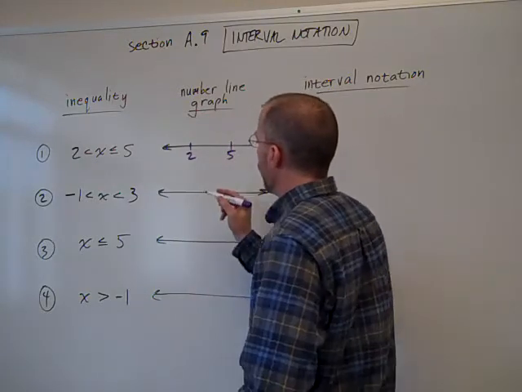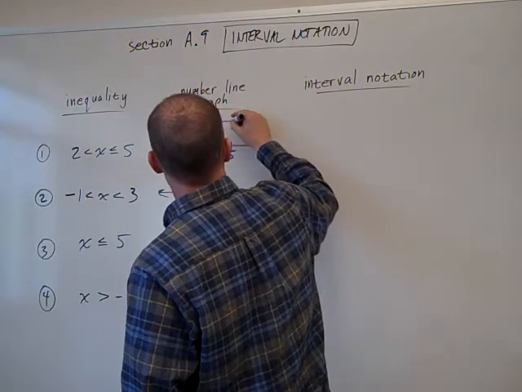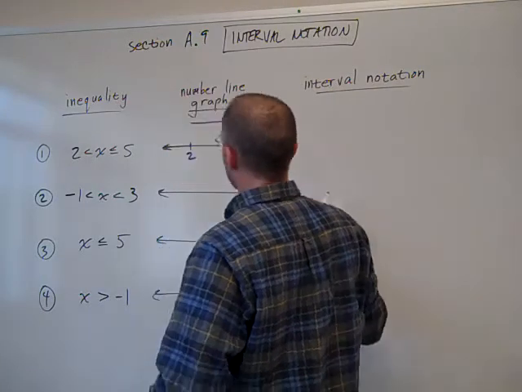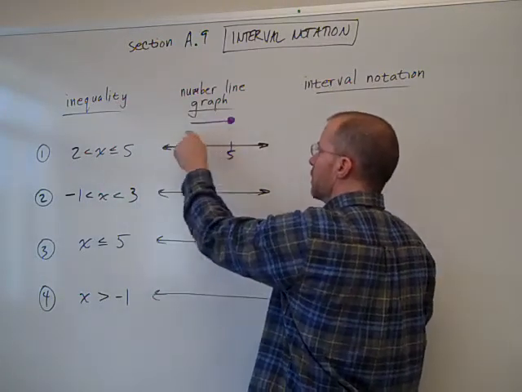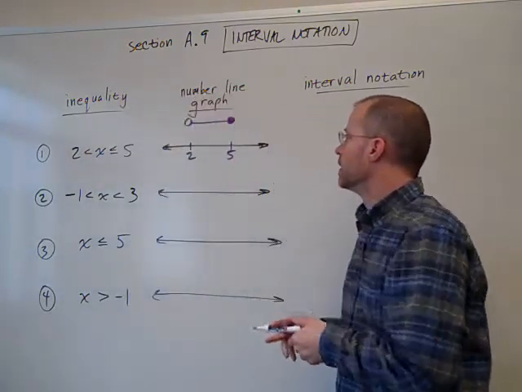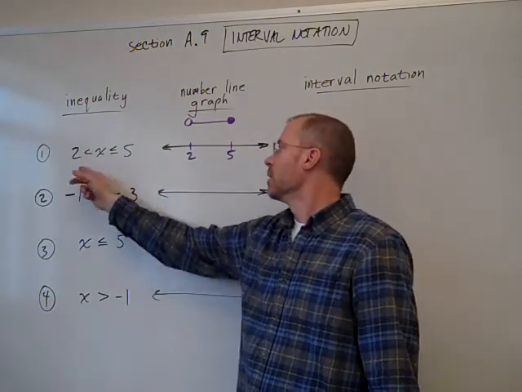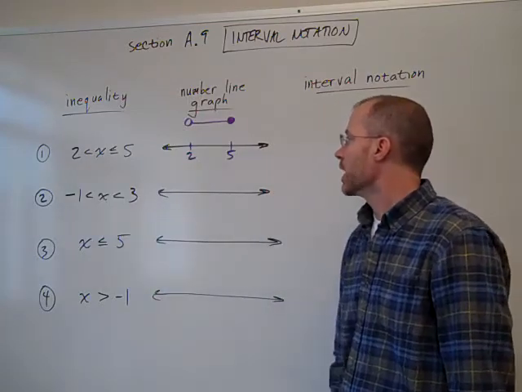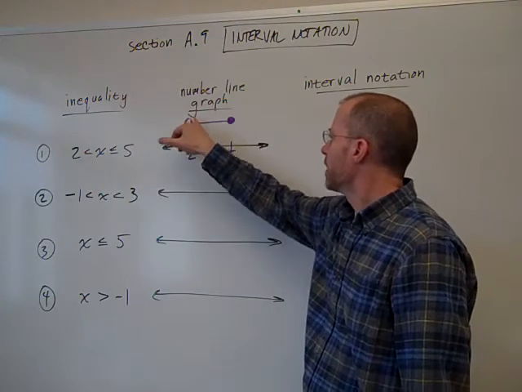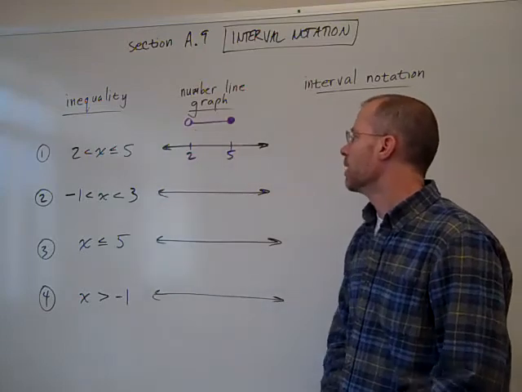And then the classic way of describing this set would be to describe this interval between 2 and 5 and use a closed dot to represent that 5 is actually part of this graphed set, and an open dot to represent 2 as an endpoint, but that 2 is not actually a member of these real numbers that satisfy that compound inequality. The open dot there suggests that 2.1 or 2.01 is part of the set, but not 2 itself.